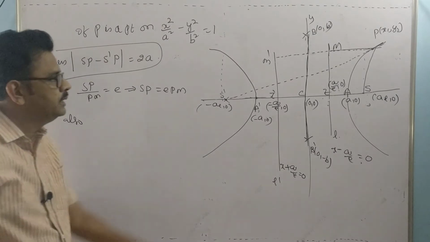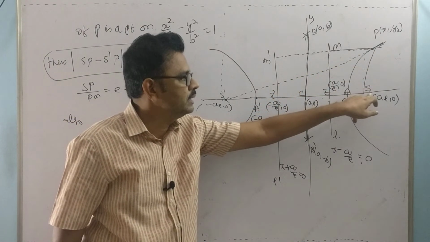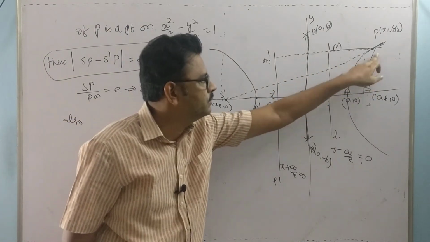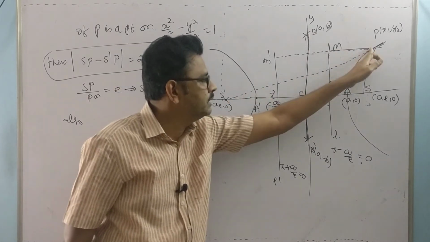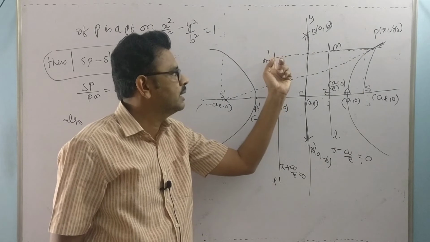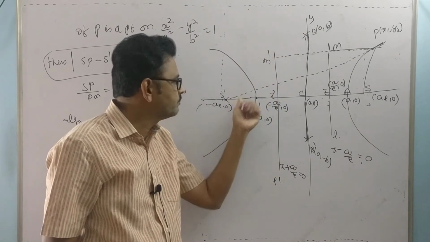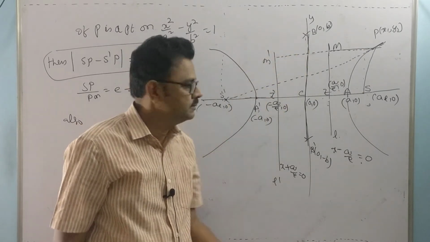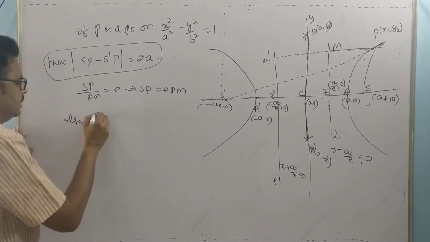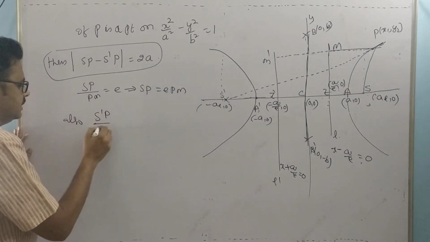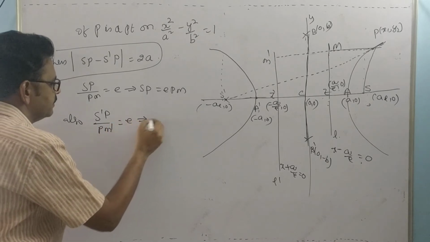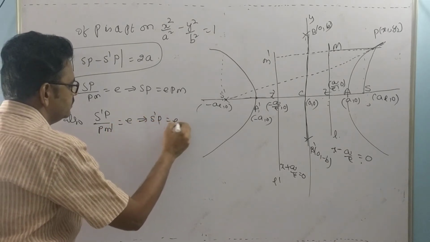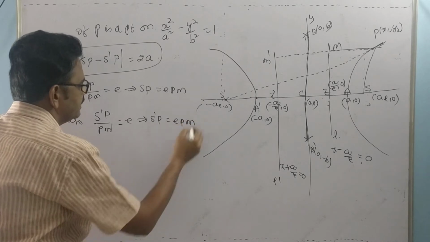So P is a point on the hyperbola. If the focus is S, SP equals e into PM. If you take the focus S dash, then S dash P by PM dash is equal to e, which implies S dash P is equal to e into PM dash.